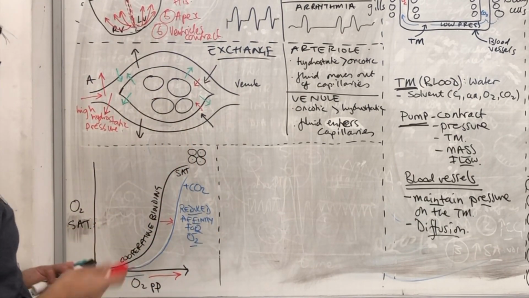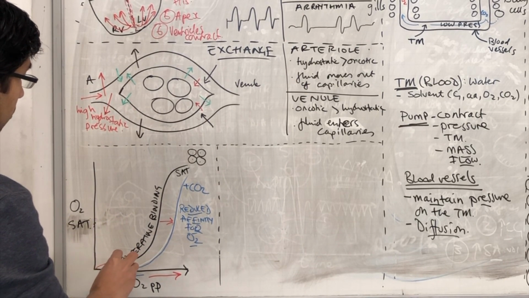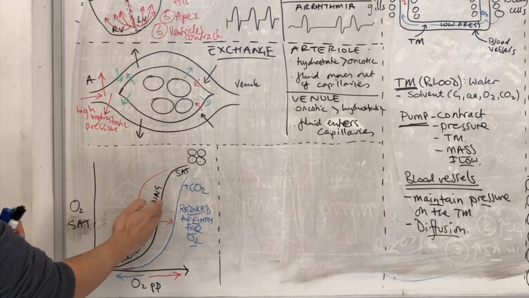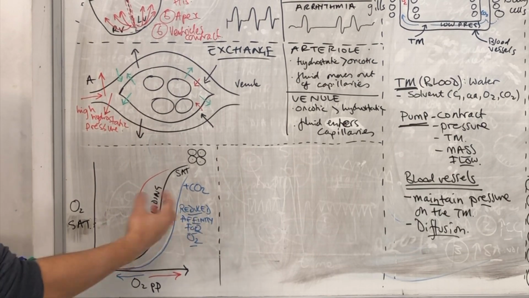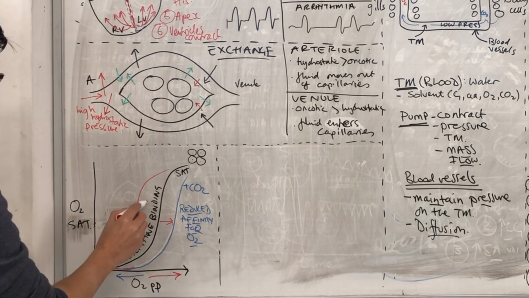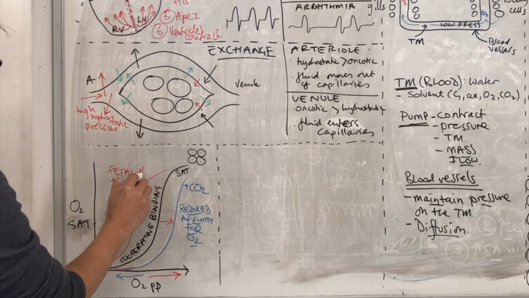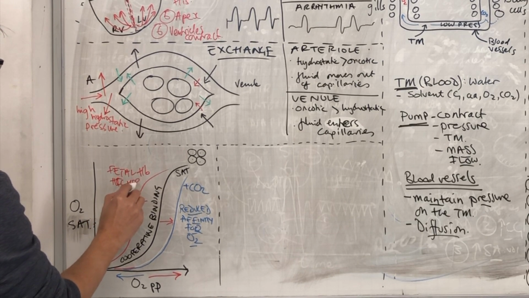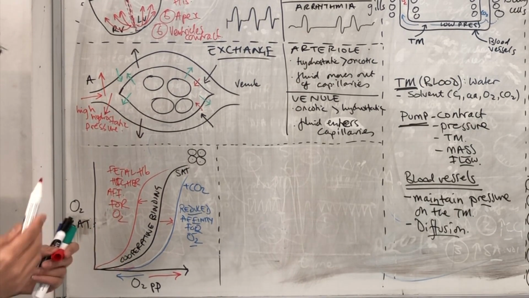Another situation, fetal hemoglobin. The curve of fetal hemoglobin looks approximately like that relative to adult hemoglobin. Why? Well, if moving in that direction indicates a reduced affinity for oxygen, shifting the curve in the other direction indicates, so this is fetal now, that fetal hemoglobin has a higher affinity for oxygen.